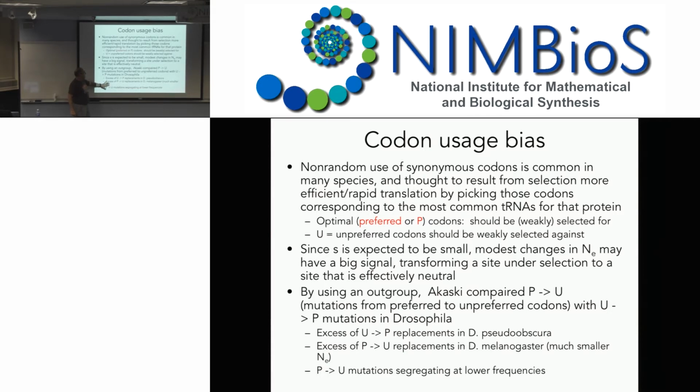So if you have selection that effectively acts on codon bias, you should see preferred codons occurring more frequently in terms of substitutions, and you should see mutations which would be deleterious, preferred going to unpreferred, segregating at lower frequencies. And we see signals of those in some Drosophila, but not others. Why might we not see it in here? Because if 4Nes is still less than 1, that's not under selection.